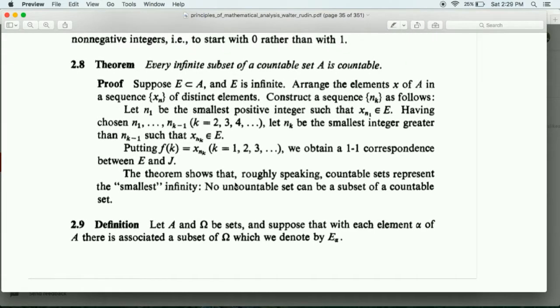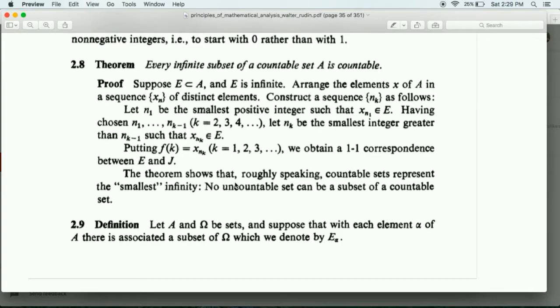Now, there comes another important theorem which states that every infinite subset of a countable set is countable. So, this theorem tells us that countability is the smallest kind of infinity.